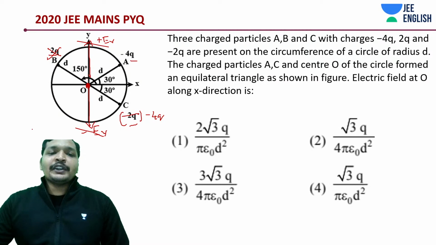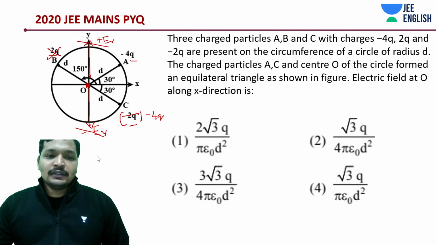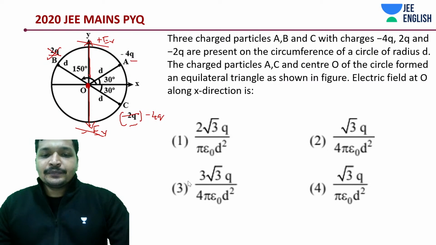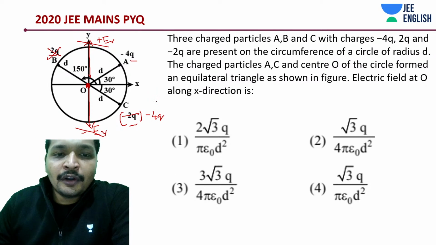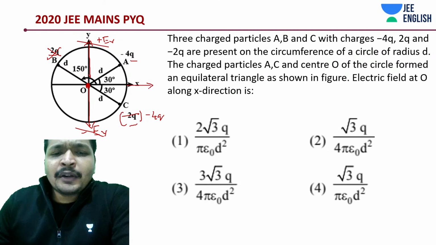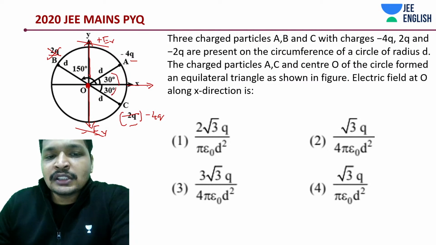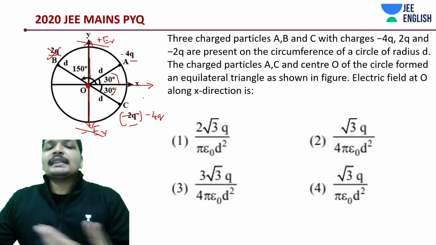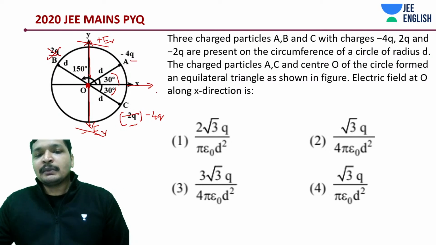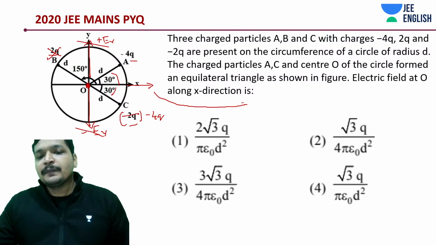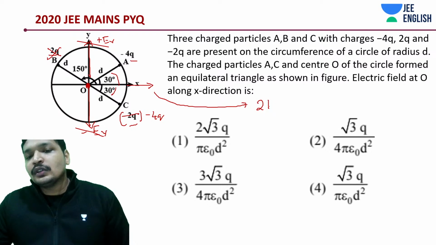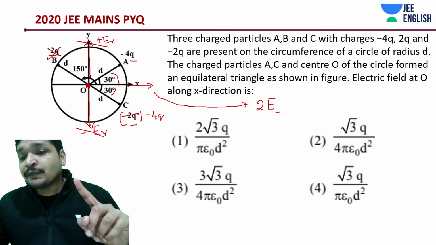So it's basically going to be the x component. What is it going to be? If you're going for the x component, it is going to be something like 2E cos 30, because this is also 30 degrees, this is also 30 degrees, as given to you. So net is how much? Let me write it down over here. It's going to be 2E, minus 4q charge.